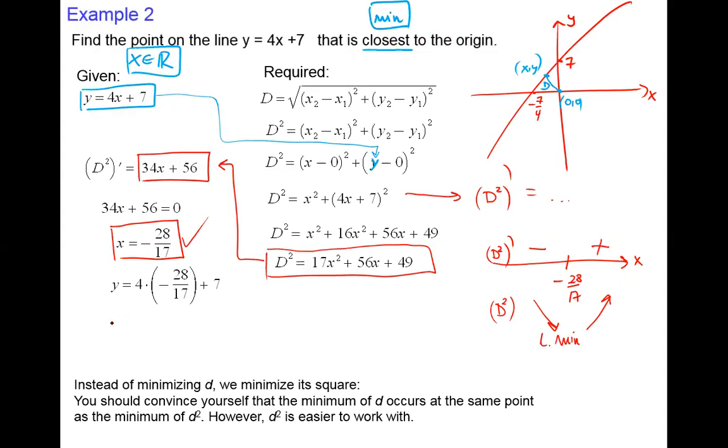I mean, we can try, just maybe you can help me. 4 times 28 over 17, and maybe I can multiply 7 by 17 to have the common denominator. 4 times 28, 112, thank you. Somebody's helping me, really nice. And what is 7 times 17? Thank you, Ryan. 7 times 17. Yes, wow, good.